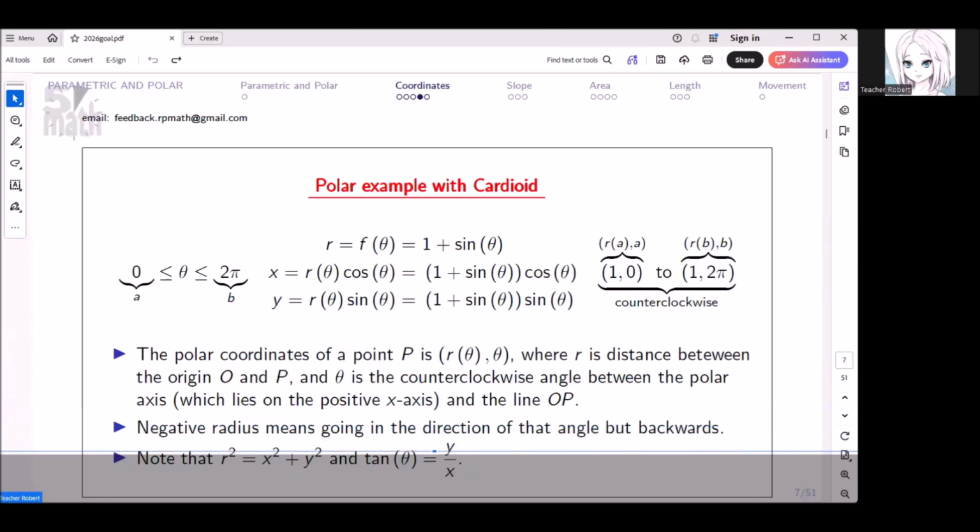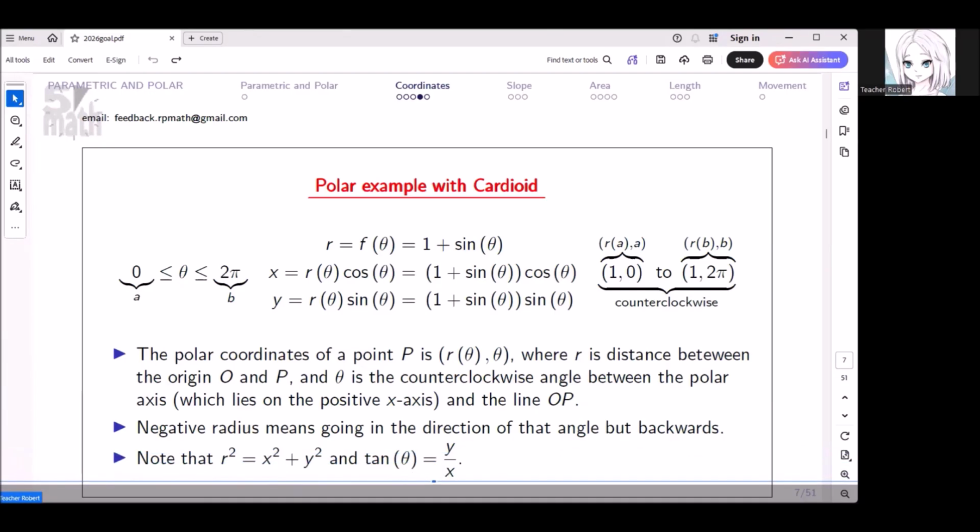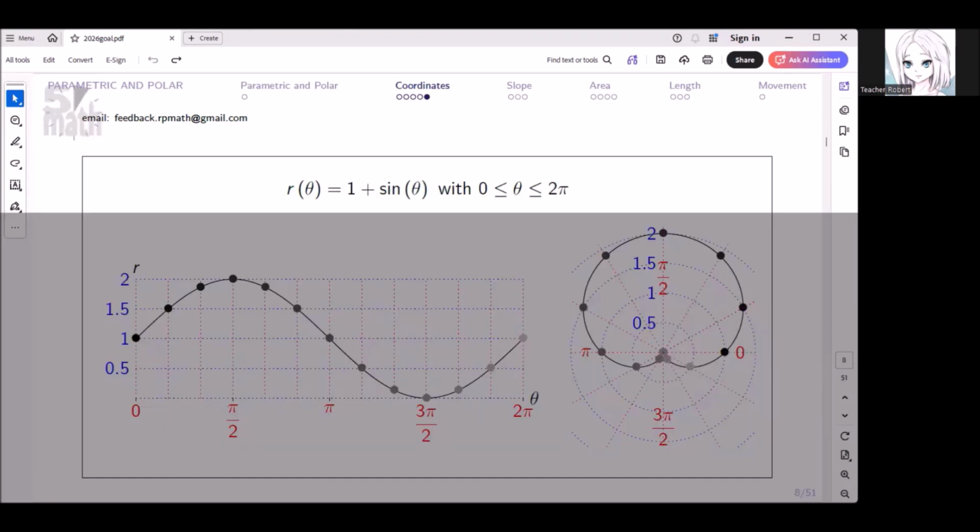Negative radius means going in the direction of that angle, but backwards. Note that r squared equals x squared plus y squared, and tangent theta equals y over x. R of theta equals 1 plus sine of theta, with theta greater than or equal to 0, less than or equal to 2 pi.